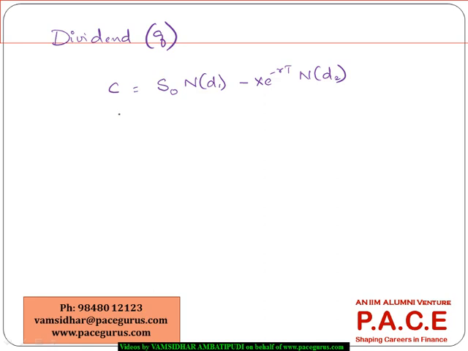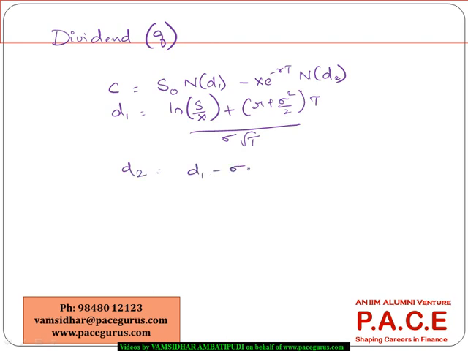And we said that D1 is nothing but log S by X plus R plus sigma squared by 2 into T divided by sigma root T, and D2 comes out as D1 minus sigma root T. Even the put option we have brought it out as Xe power minus RT N of minus D2 minus S naught into N of minus D1.